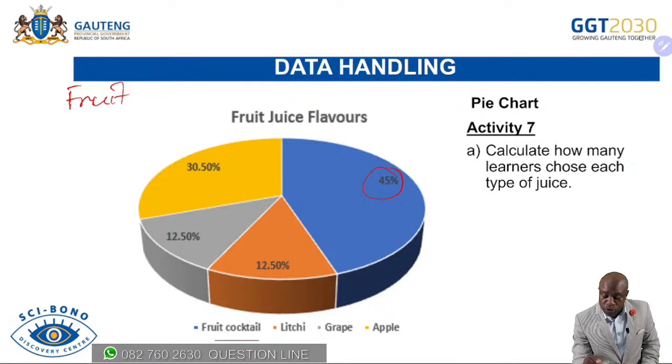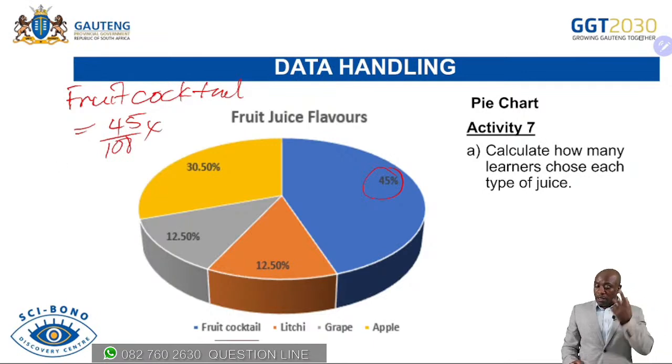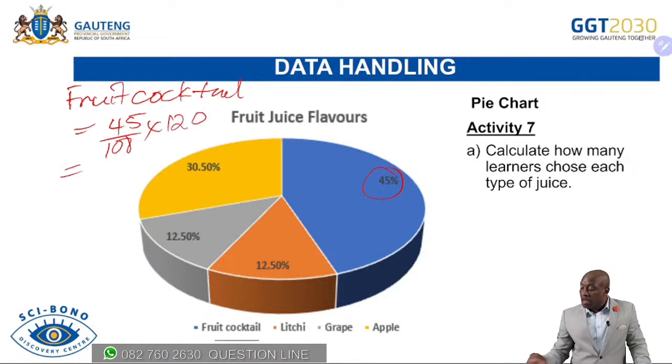We just go for the fruit cocktail because it's got all the flavors. It's 45%. 45% means 45 over 100. How many people did we look at in our survey? There were 120. So it's 45% of 120. And then the answer will be 54.